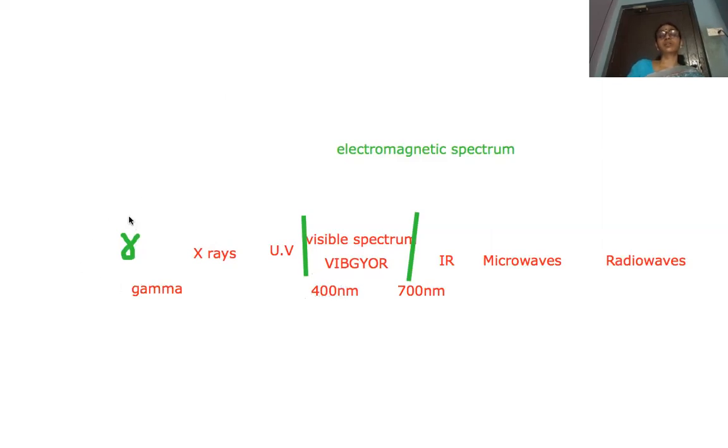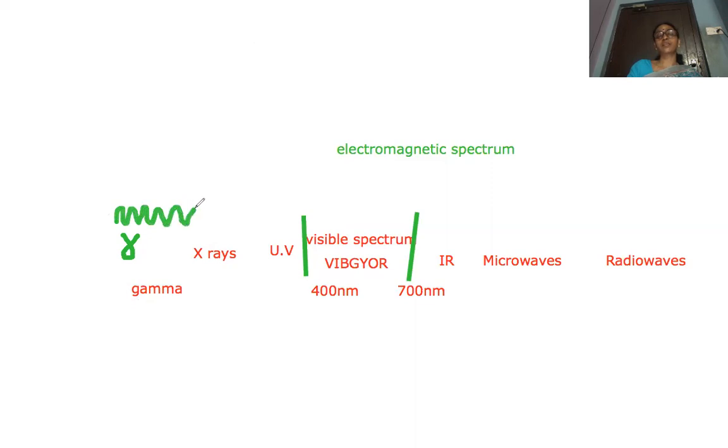So how are these waves? Let's just draw so that you can have a clear understanding about their wavelengths. Gamma rays have the least wavelength. The wavelength of the gamma rays is very, very small. Very close, right? So as we go, we get X-rays.